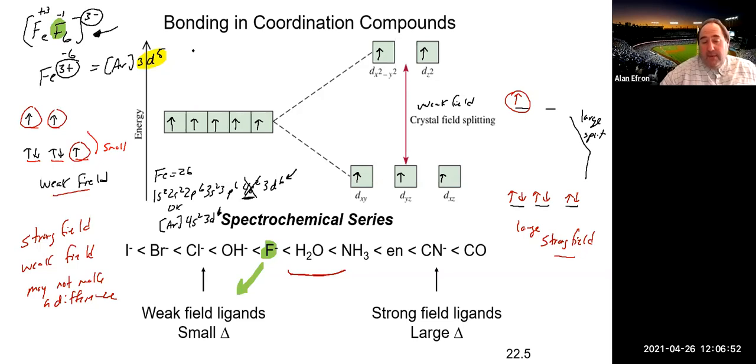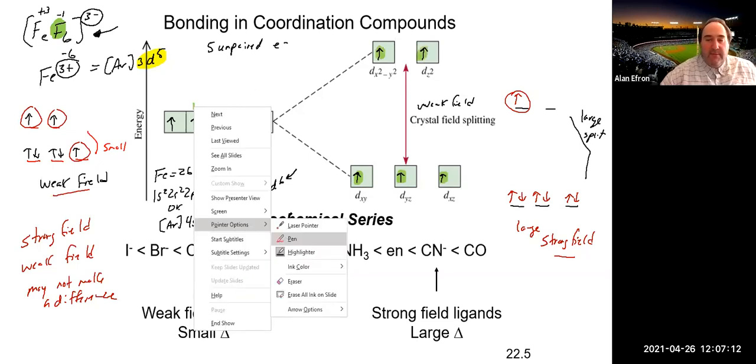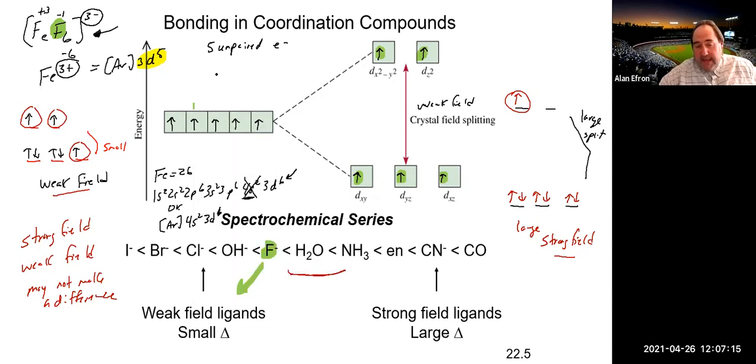Now, when we look at it, we see several things. We see 5 unpaired electrons here. Again, electrons each having their own spin. This is also what is sometimes referred to as a high spin complex.